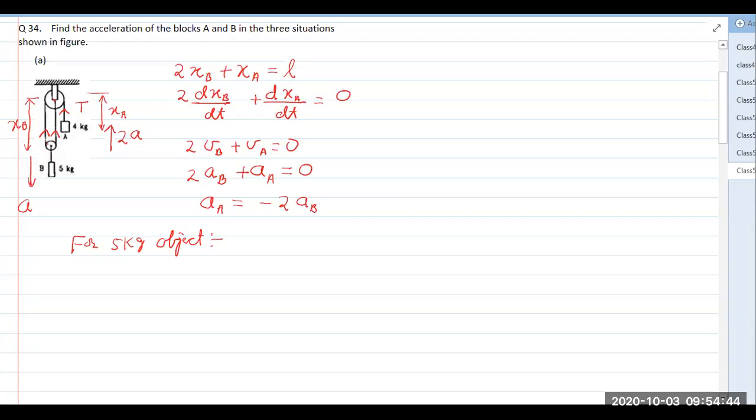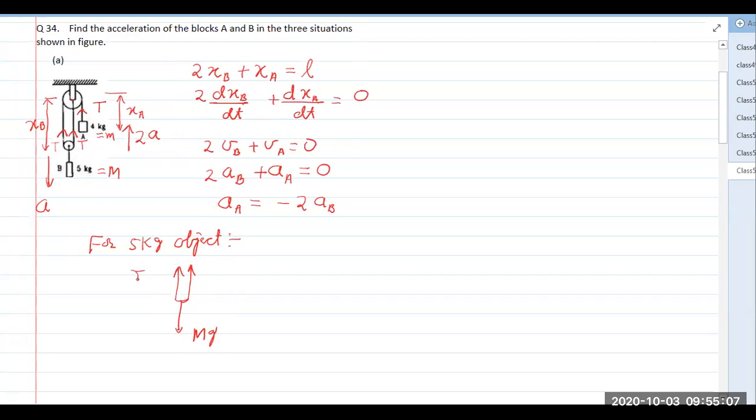Since the pulley is light, we can consider the whole as one system. So two tensions act upward on object B, and its weight acts downward. Suppose we write this mass as capital M and the other as small m.